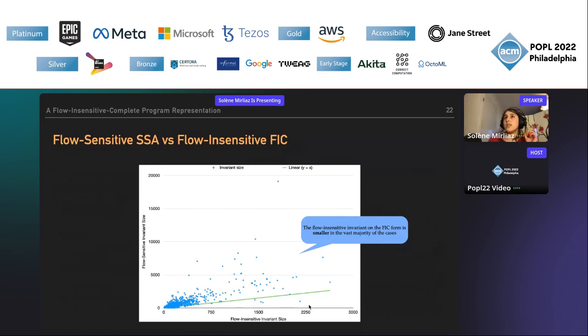Yeah, so it can happen if the block decomposition is not optimal, because then our transformation will introduce many copies that are not necessary for the analysis. So yeah, there are some corner cases.